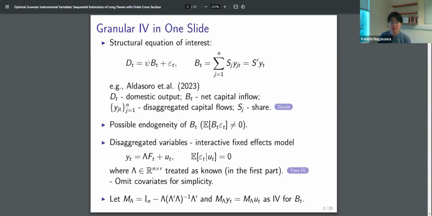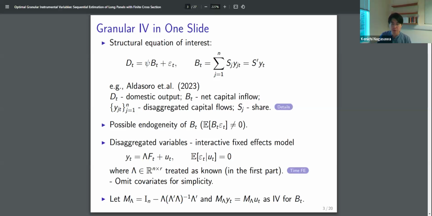So now I want to review the idea of granular instrumental variable using an example. Let's say that we are interested in estimating a structural relationship between some aggregate variables. Using this empirical example, the outcome of interest is the domestic output of a country, that's D_t. And on the right-hand side, you have the net capital inflow to a specific country.